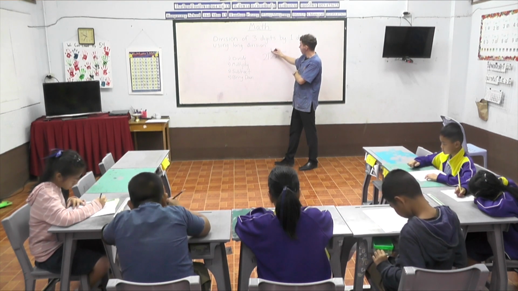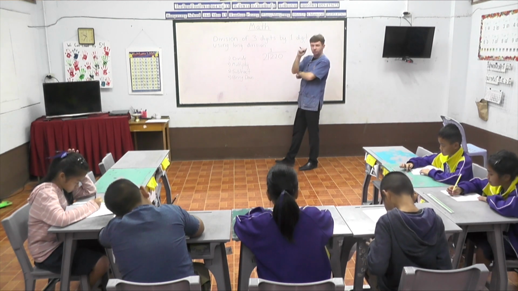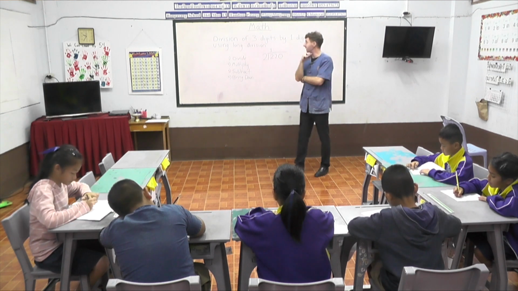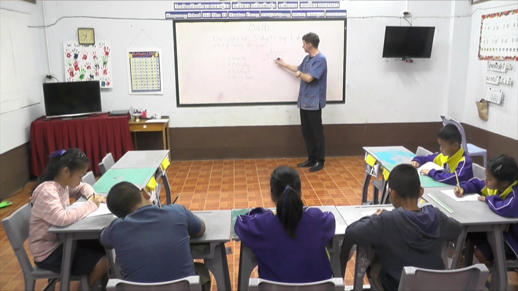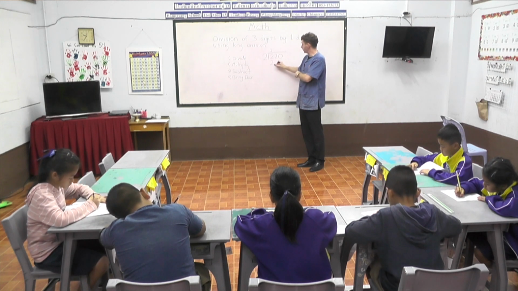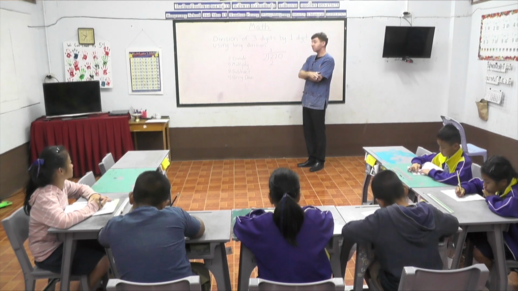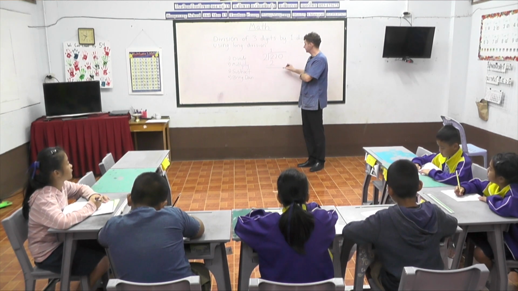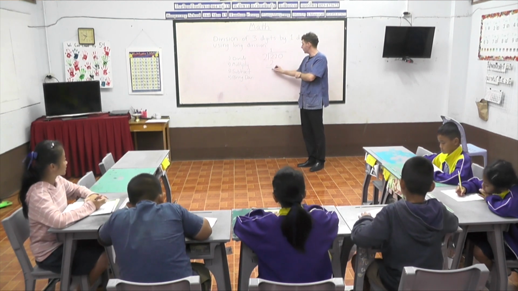So we'll write 1 on top. Then what's step number 2? Multiply. 2 times 1 equals 2. So we'll write 2 below our 2 there. Step number 3, subtract. 2 minus 2 equals 0.